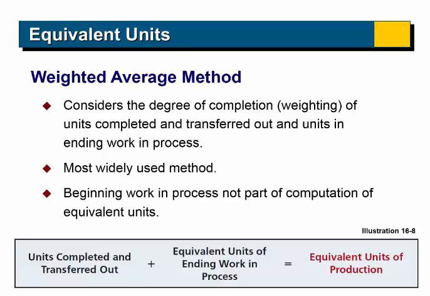All right, so notice in our formula here that we have units completed and transferred out. In other words, what is the quantity or number of the units during the period that were 100% of the way completed and transferred out, whether they got transferred into another work in process department or transferred into finished goods inventory?